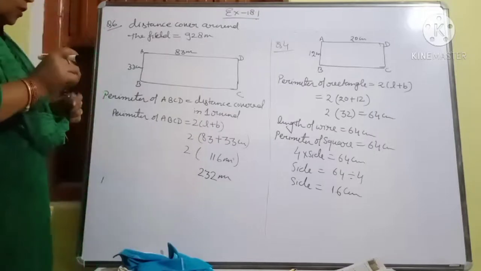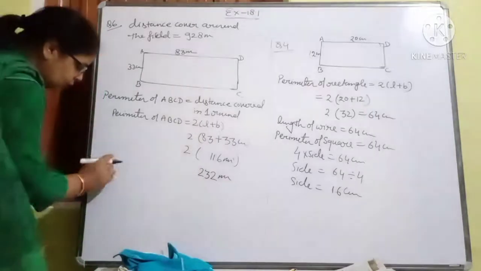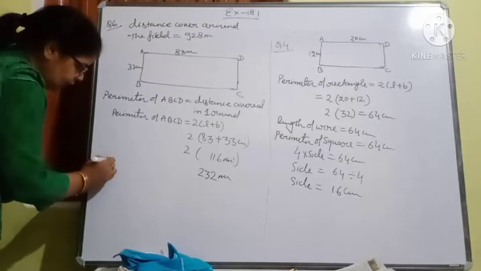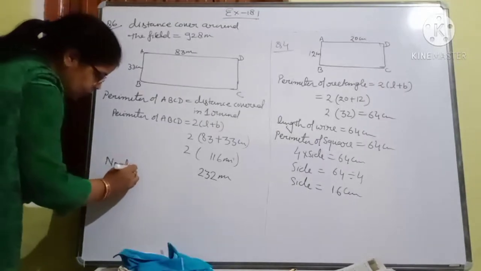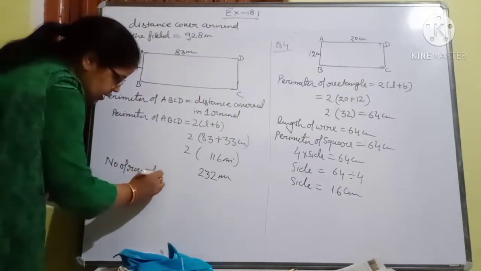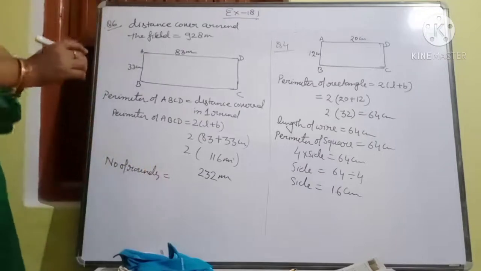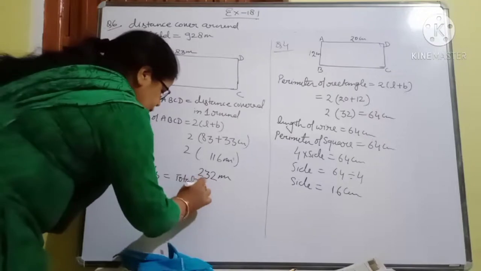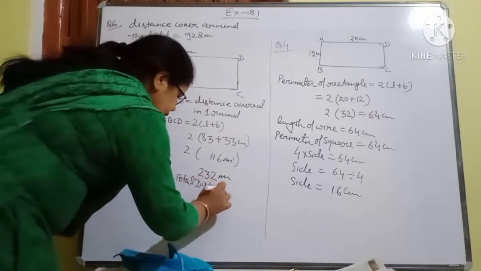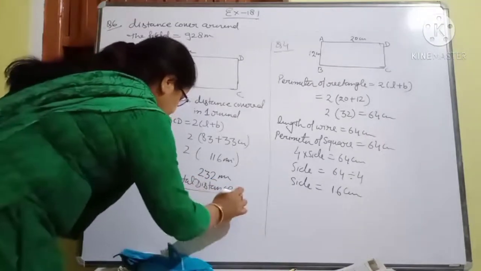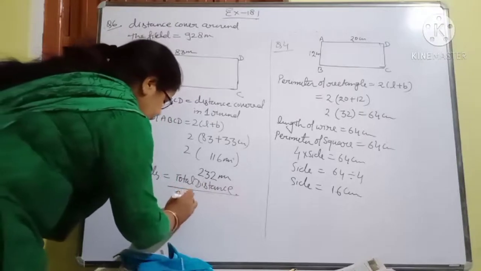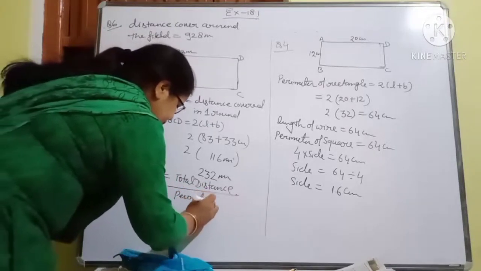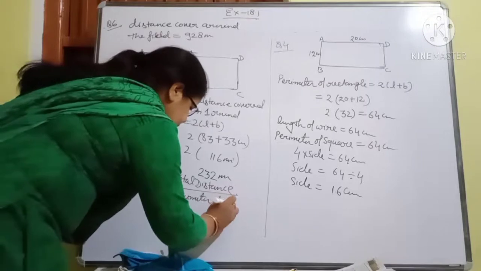Okay, so see, number of rounds is equal to total distance upon perimeter of the rectangle.